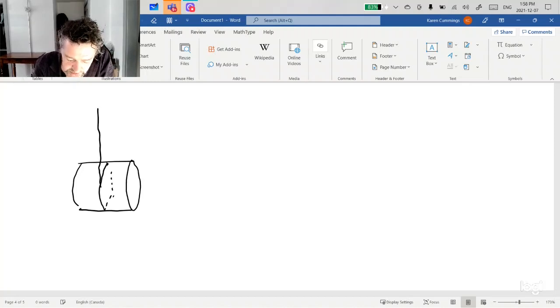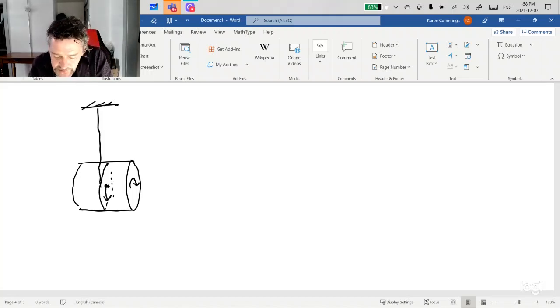And this is a vertical piece of thread attached to the ceiling. Everything starts off at rest. This is the center of mass of the spool of thread. And so what you're going to notice is that this thing will start to rotate this way, and the center of mass will accelerate down just like this.